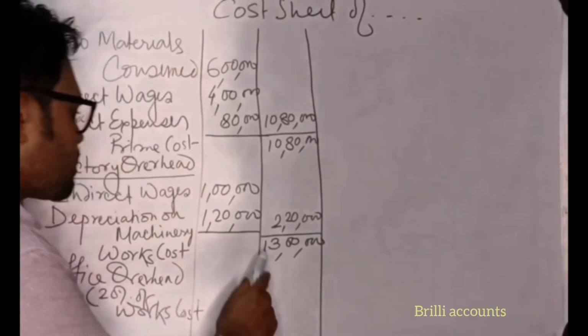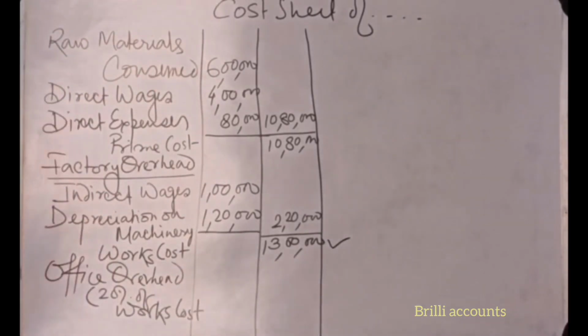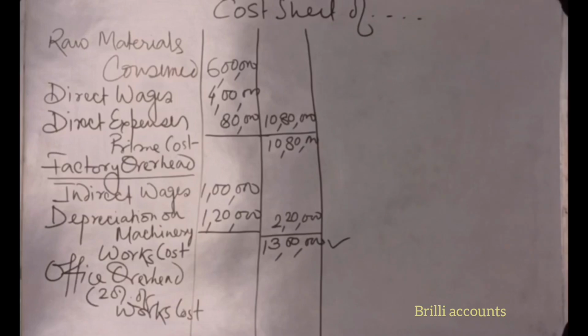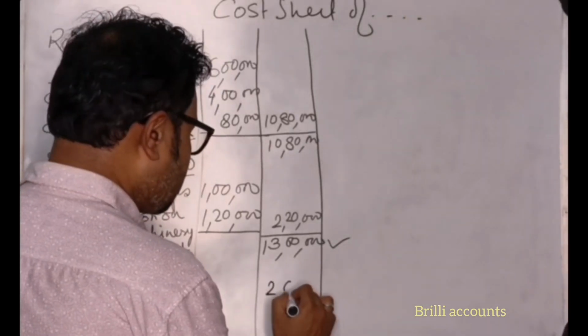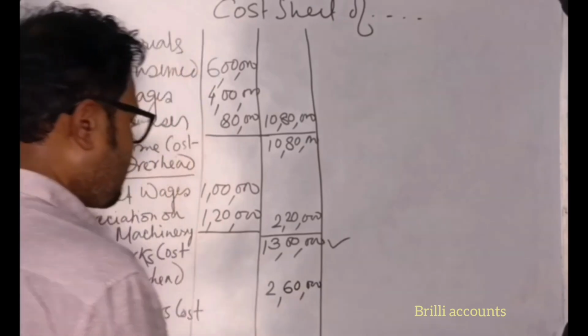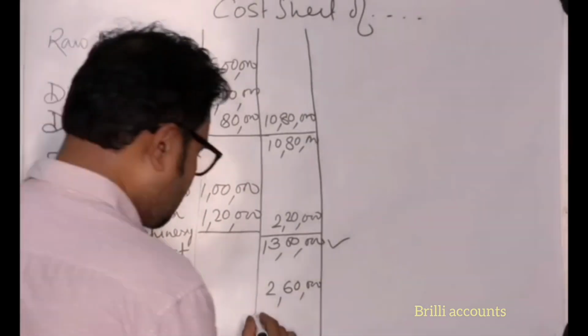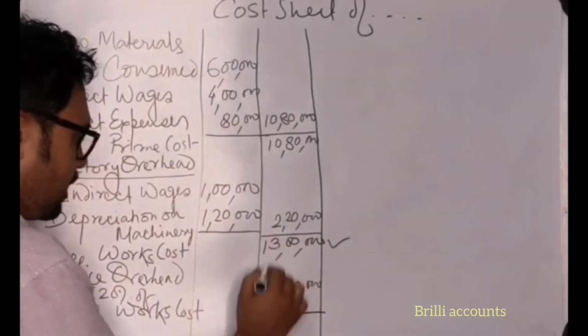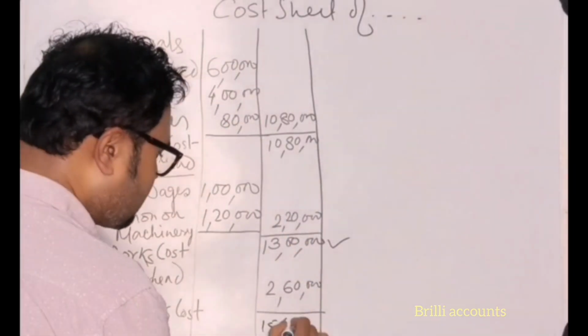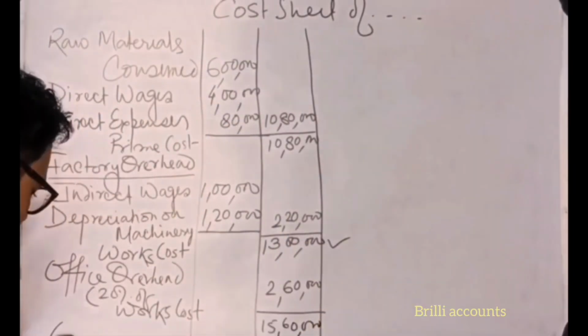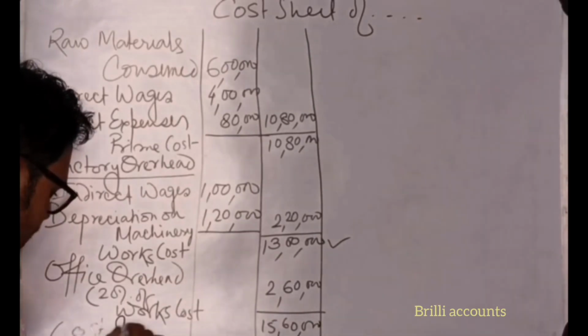What is the value of works cost given over here? 13 lakh. 20% of 13 lakh, how much will it be? 13 twos are 26, so the value will be 2,60,000. So what is the answer coming? 13 plus 2, 15,60,000. This is called cost of production.